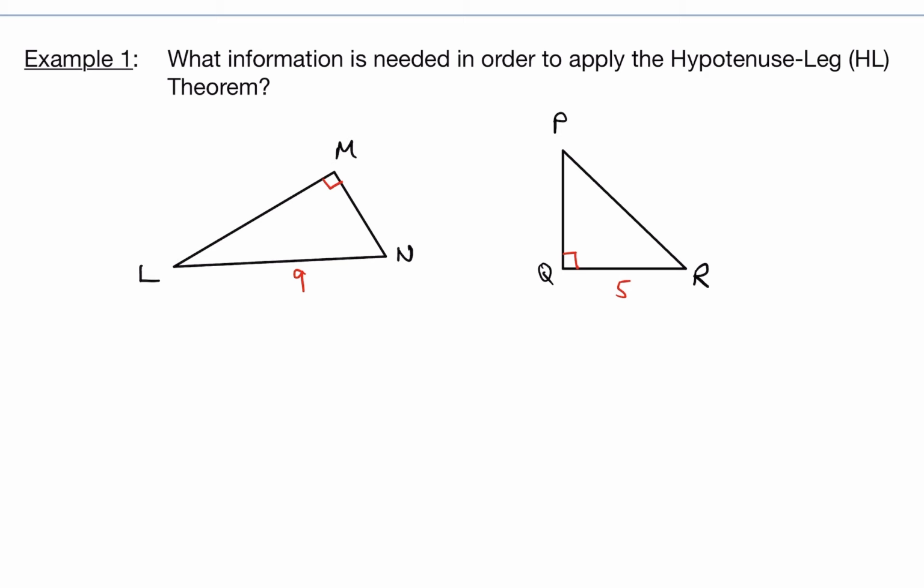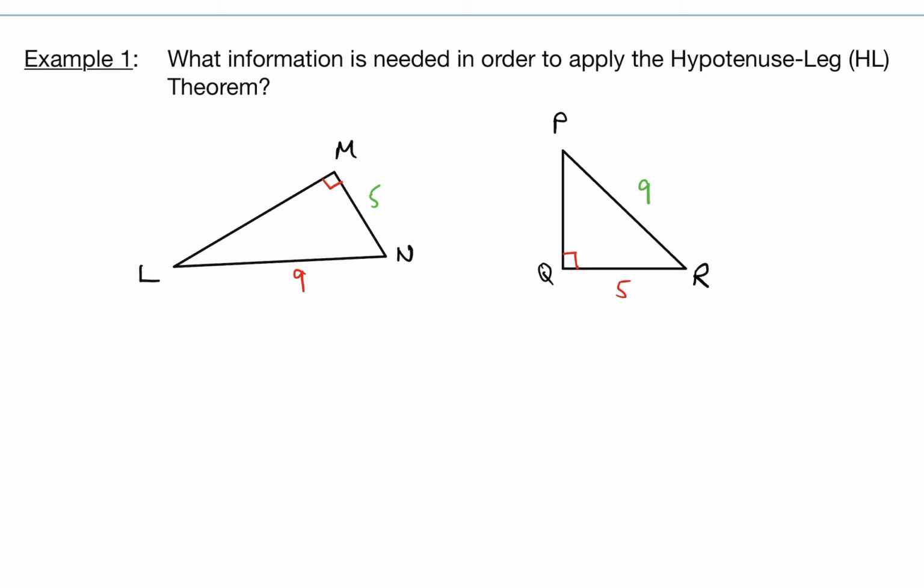Okay, now let's take a look at triangle PQR. We know that the length of QR, which is the leg of this triangle, not the hypotenuse, is 5. So in order for the hypotenuse leg theorem to apply here, we need to know that the length of hypotenuse PR needs to be 9, and one of these legs, let's say leg MN, has to be 5.